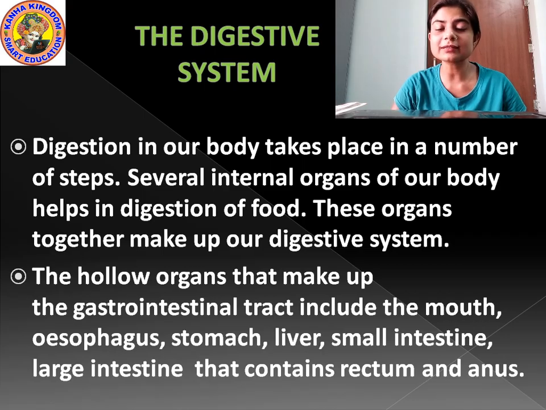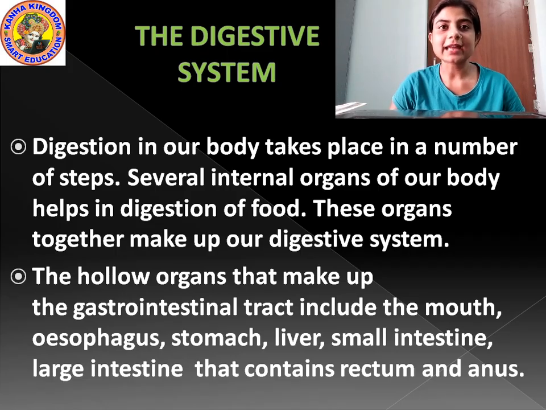The different internal organs have different functions in the process of digestion, and all these internal organs that help in digestion together make up the digestive system.